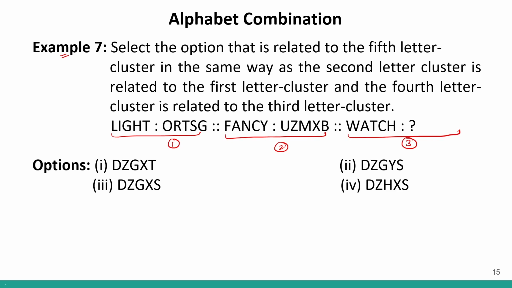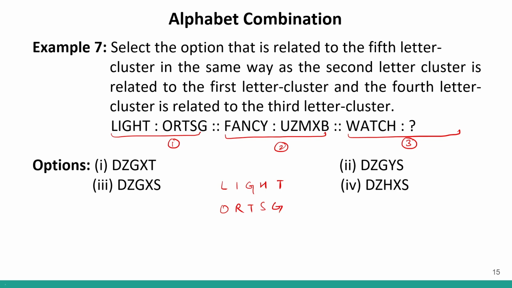So what I will do is I will write them one below the other. I will write them like this: L-I-G-H-T and O-R-T-S-G. So we have to identify the relationship between them. If I look at these letters, I can see a simple logic of opposite letters.